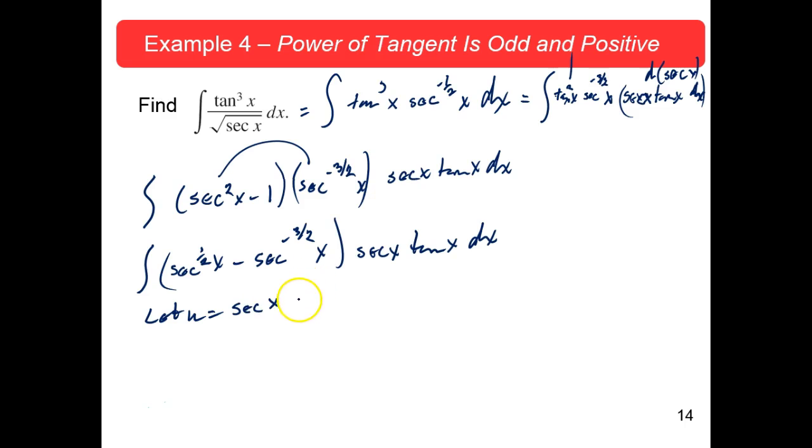Then, what's our next step? du is equal to secant x tangent x dx. See, that's why I did it that way.